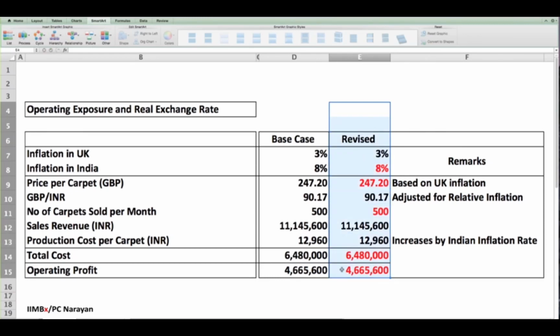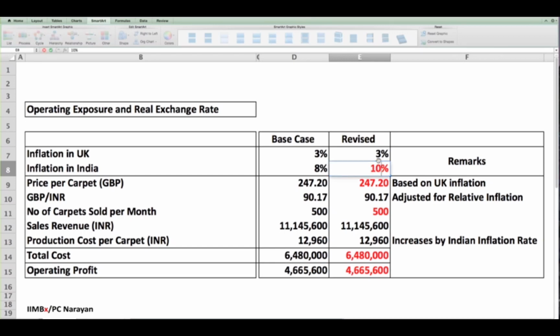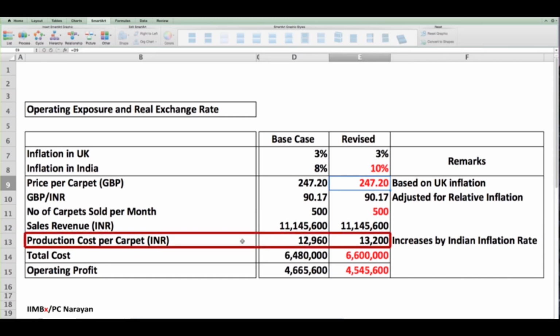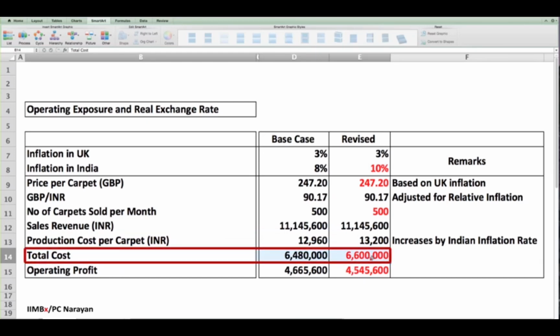Now, in this column, let's examine some of those assumptions. As things stand, the two are equal. I'd like you to focus on the numbers that are given here in red. The only change we would make is inflation in India goes up to, shall we say, 10%. The minute that happens, you will find the change in the production cost of the carpet. It has gone up from 12,960 Indian rupees per unit to 13,200 Indian rupees per unit, which means the total production cost goes up from 6.480 million to 6.60 million.